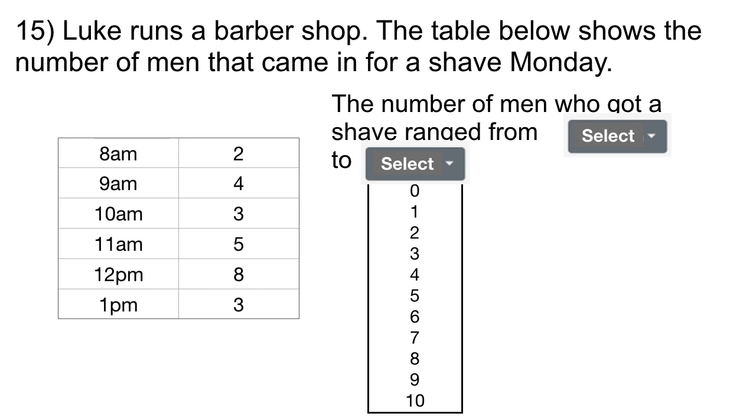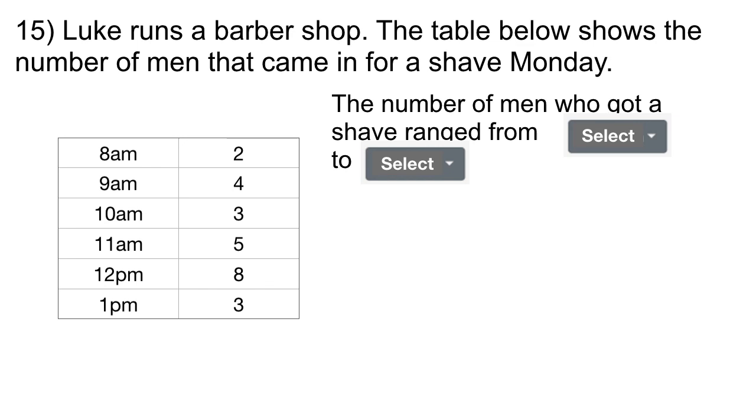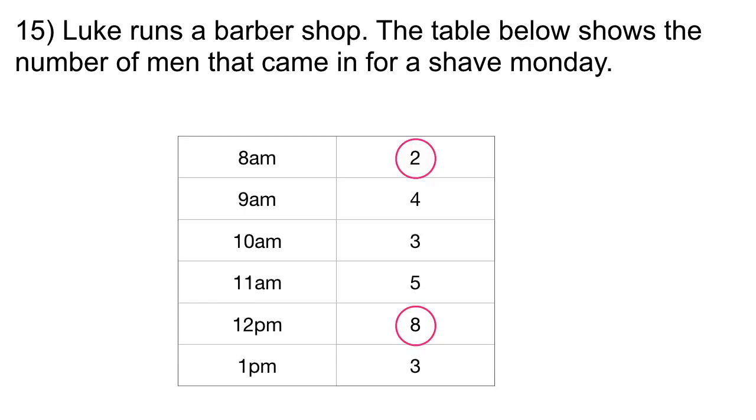So you have to pay attention. So how do you find the range? Well, obviously you look at the lowest value. Go through all the numbers and you can see that the lowest number of men in the shop was 2 and the highest number of people was 8. So that's your range, 2 to 8.